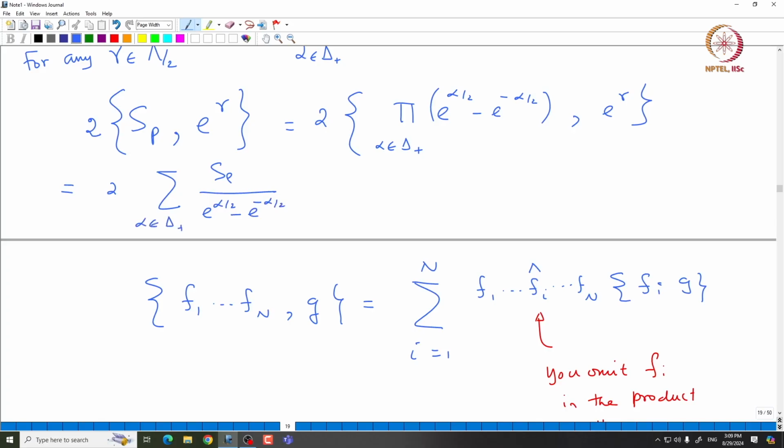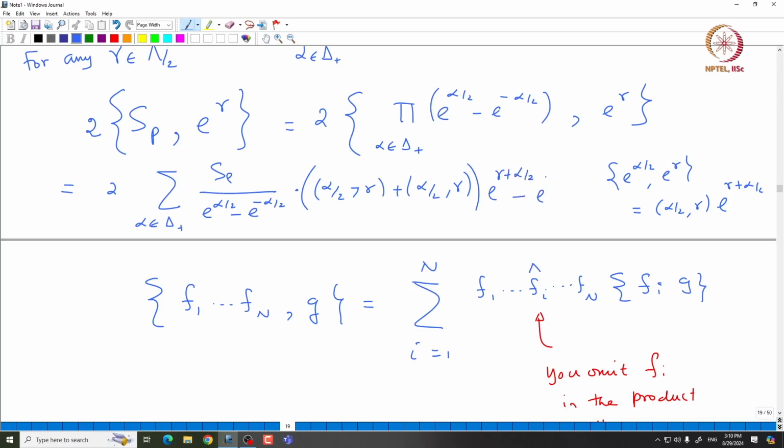Then this will be the sum of these two terms, but note that e power alpha by 2 comma e power gamma, by definition this is the inner product alpha by 2 comma gamma times e power gamma plus alpha by 2. So, this is going to be exactly alpha by 2 comma gamma plus alpha by 2 comma gamma times this e power gamma plus alpha by 2 minus e power gamma minus alpha by 2.